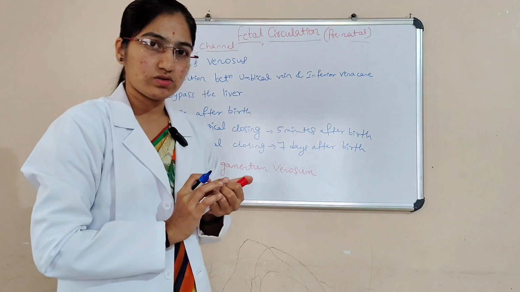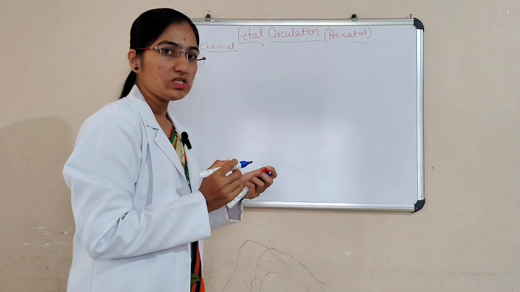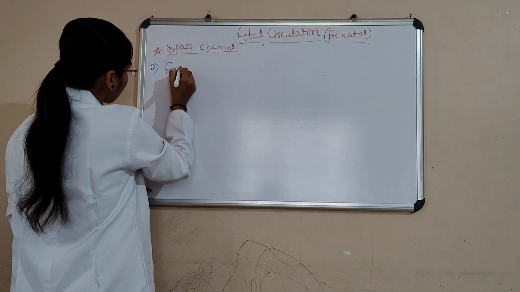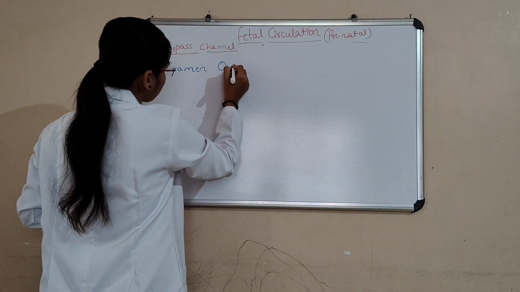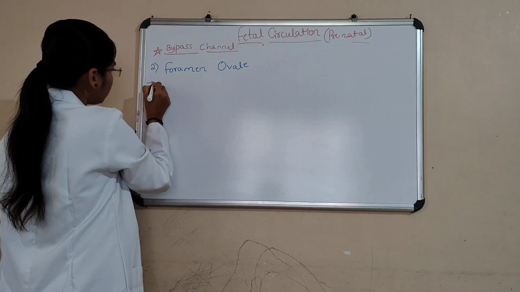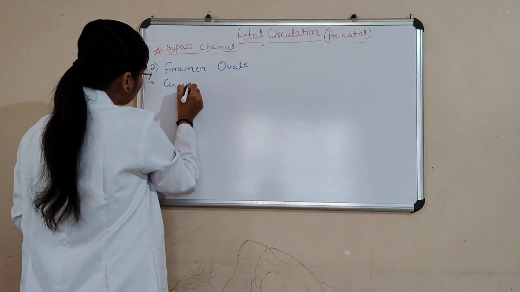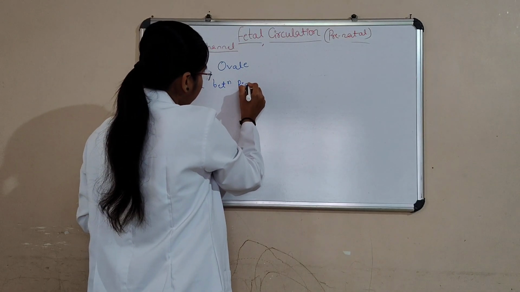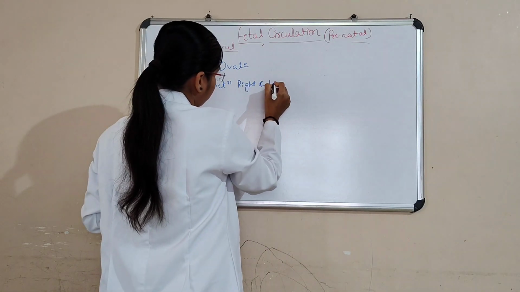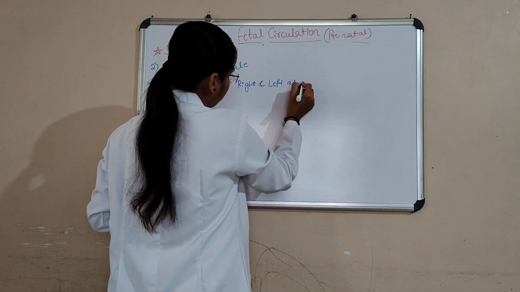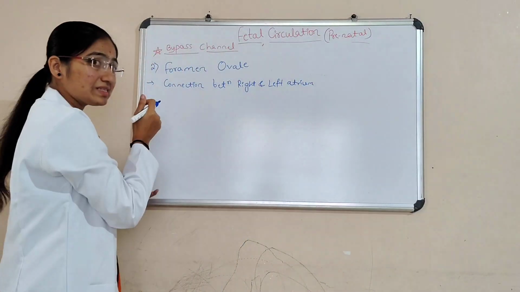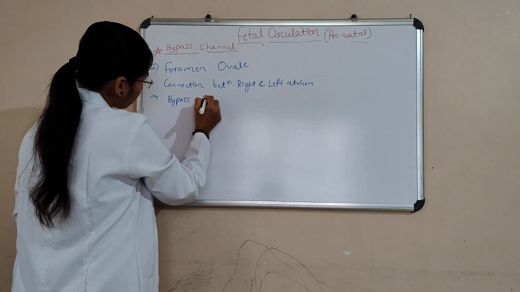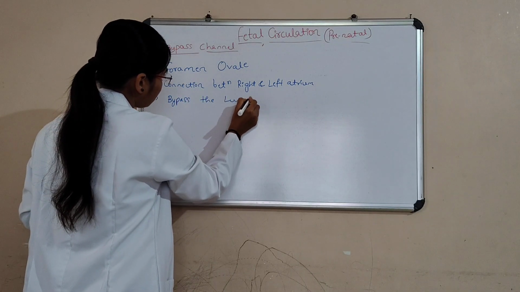This is all about the ductus venosus. Here, the second bypass channel is the foramen ovale. Here, the connection between the right and left atrium bypasses the lungs.